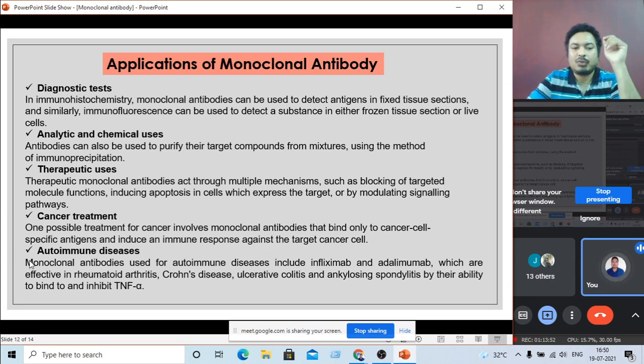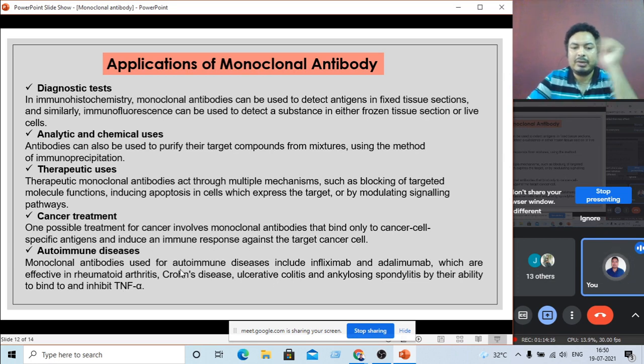Okay, the last one, autoimmune disease. So in case of some autoimmune diseases also, monoclonal antibodies are used. The autoimmune diseases like rheumatoid arthritis, or maybe Crohn's disease, yes. In Crohn's disease and rheumatoid arthritis, we can use monoclonal antibodies.